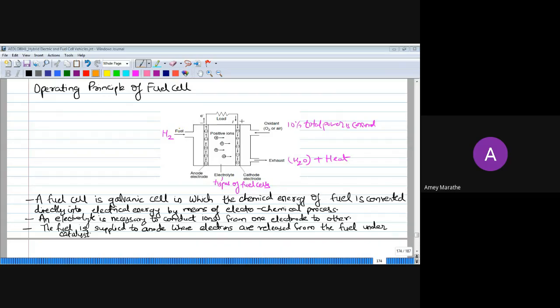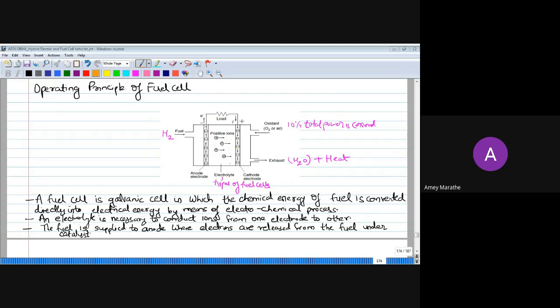In order to understand the operating principle of a fuel cell, there are three different components which a fuel cell is made up of: anode, cathode, and electrolyte. We supply fuel, which is hydrogen, to the anode. Anode is a negative electrode. Cathode is a positive electrode.